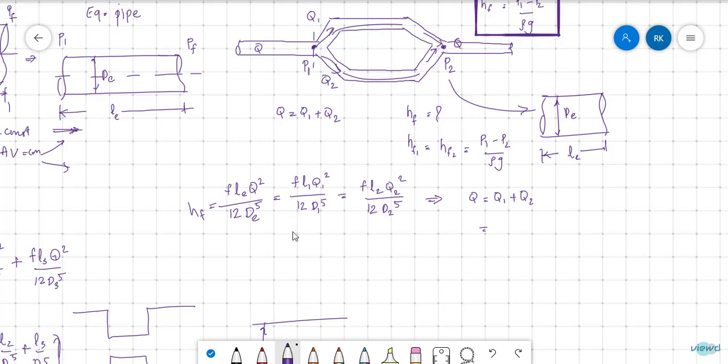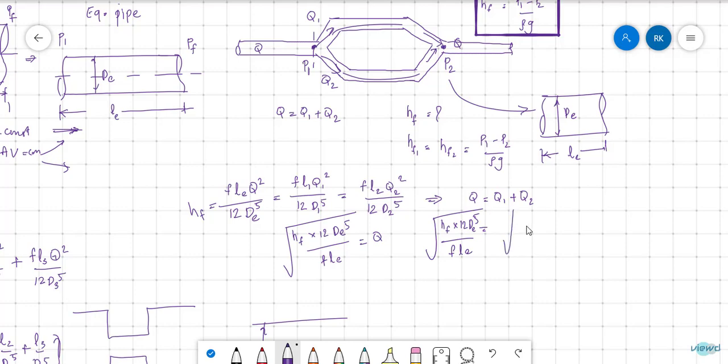So Q can be written as HF into 12 D_E power 5 divided by f into L_E, that is equal to Q square. So under root will give us Q. So Q is equal to under root of HF into 12 D_E power 5 divided by f into L_E.